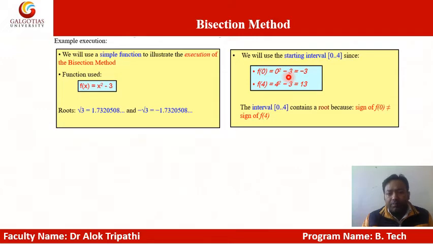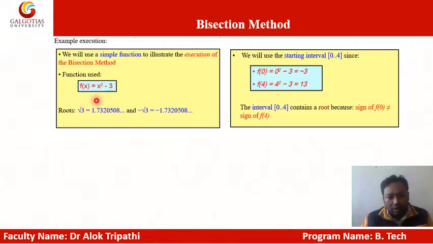Therefore, we have to find that value of x for which the function becomes positive. So f of 0 is equal to minus 3, and at x equals 1 we have checked that it again gives a negative value. So we cannot consider 1, because we have not guaranteed that the root of this function will lie in that interval.